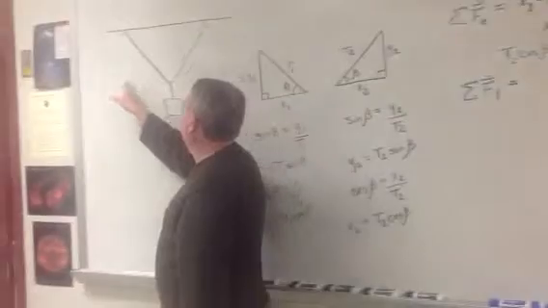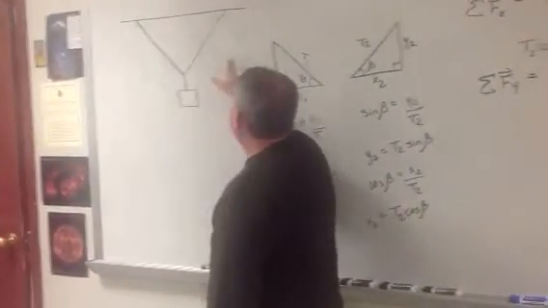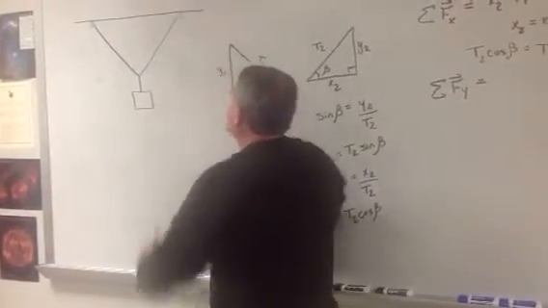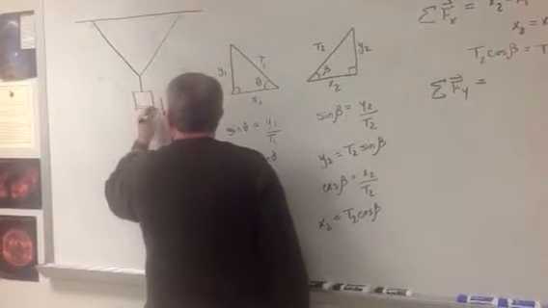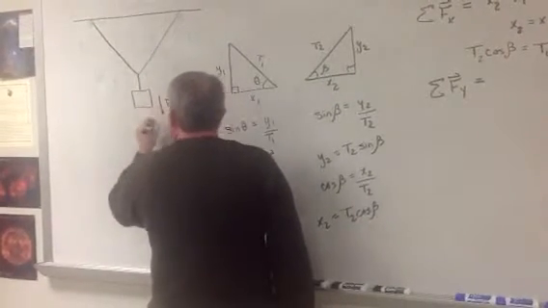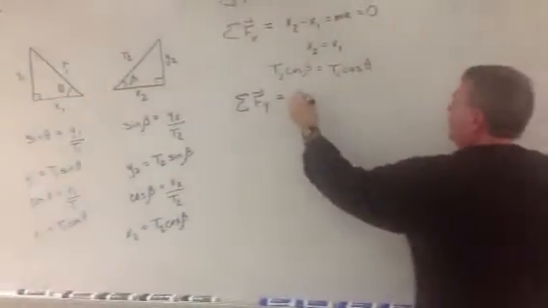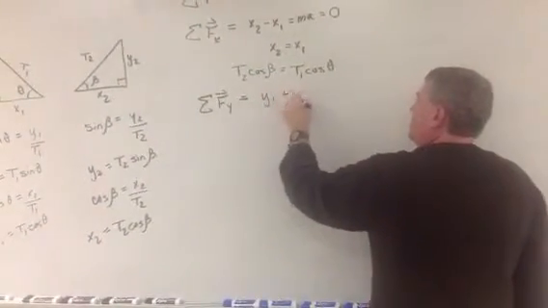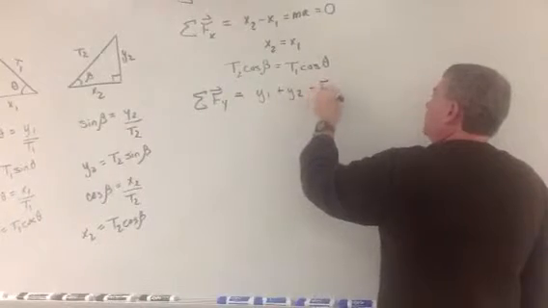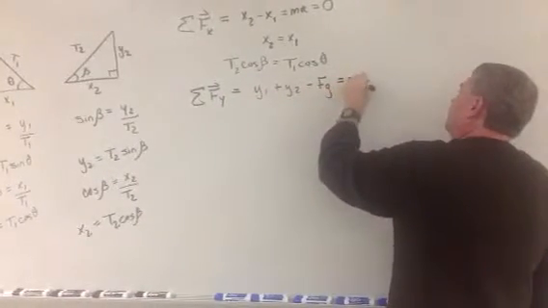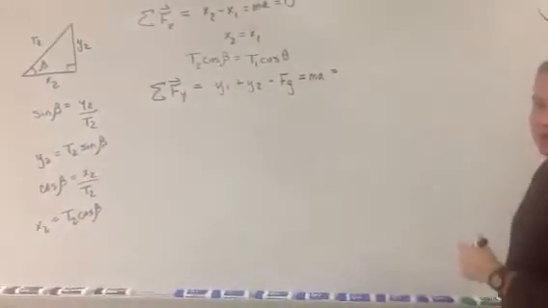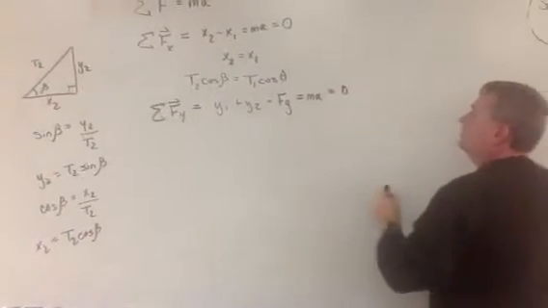There's a y component for y1 that's pulling up, a y2 component pulling up, and there's a force that we left out. That's the force of gravity, and that's mass times gravity in the downward direction. So you have y1 plus y2 minus the force of gravity being equal to ma, and since it's not moving anywhere in the y direction, that's equal to 0.